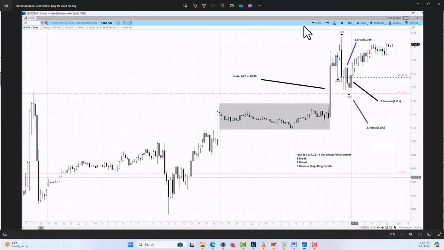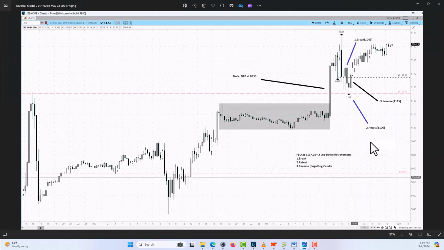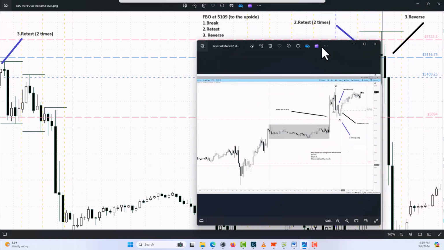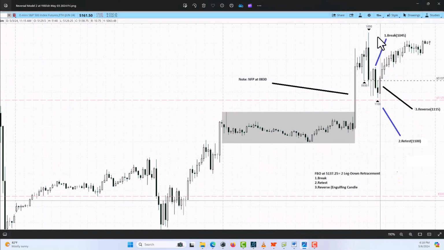Right here, I think we do have a 3 shot. Yeah, similar to this. You see that? Very similar. The break once, and you see the doji hang up, break one more time, and then you see the follow-up is a retracement, but it's two legs down. Similar to that, but not exactly. But you get an idea.